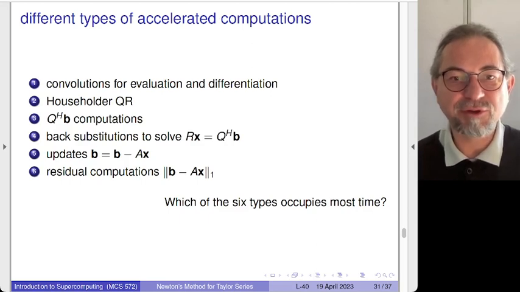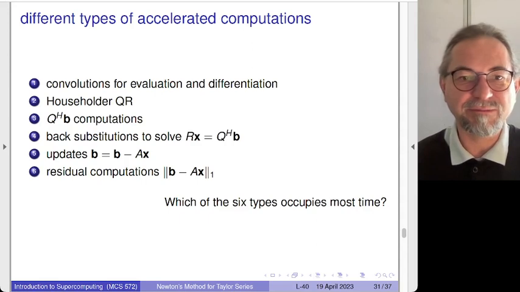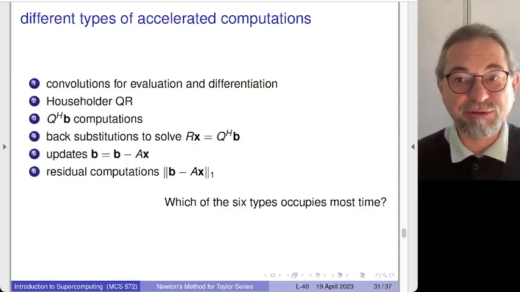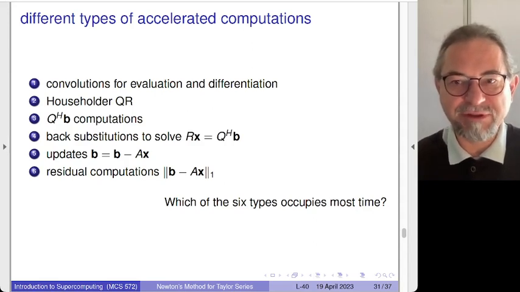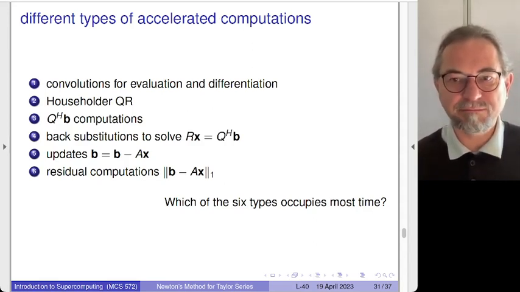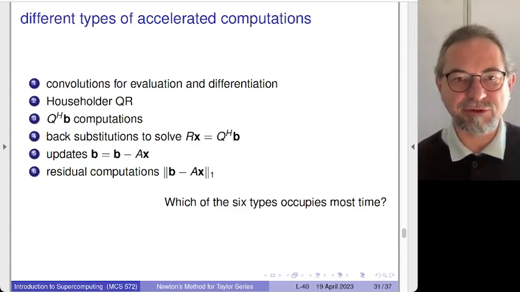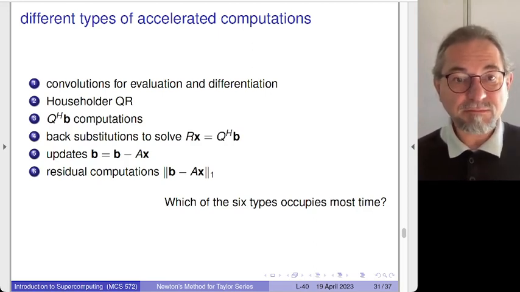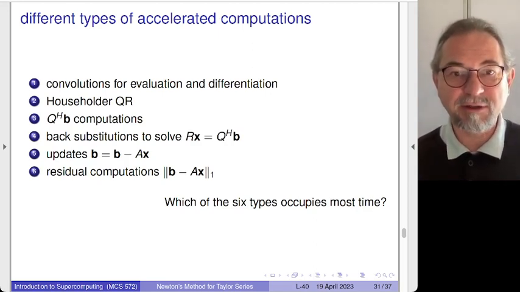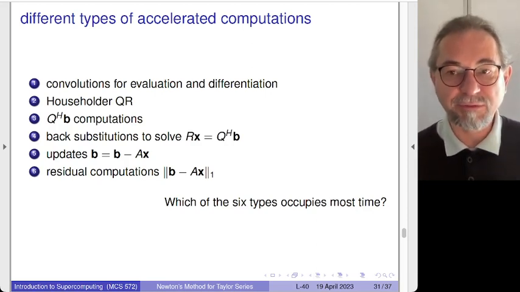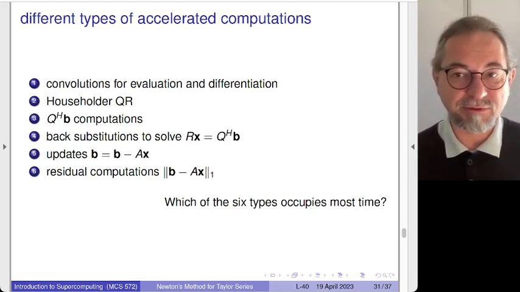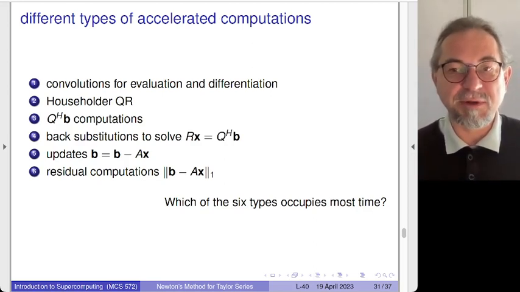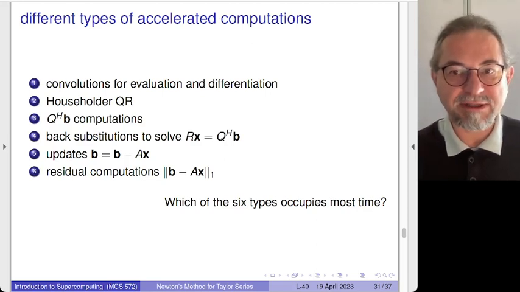Okay, here are the different kernels, the kernels for convolutions, the Householder QR, which breaks up into many different kernels, but we don't use this fine breakup here in this lecture, so that was another lecture. You have the updates. So you store the Q and the R, and typically for convergence, running many times QR, you can do that, that's useful, but I only will do one QR step.